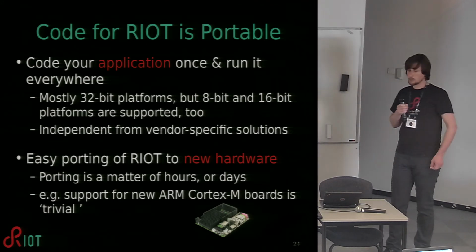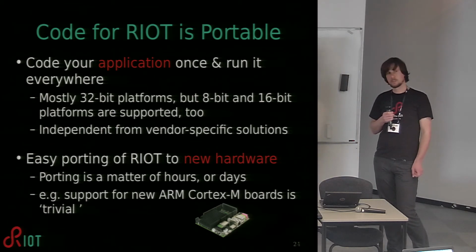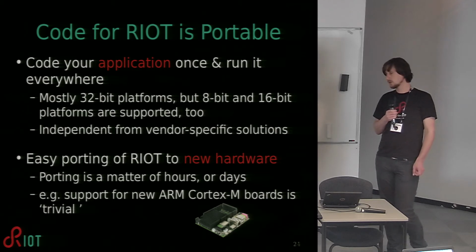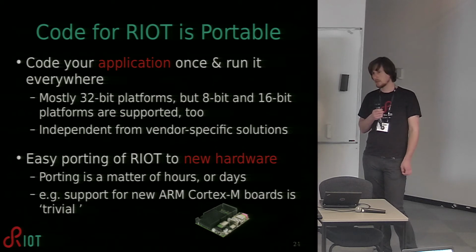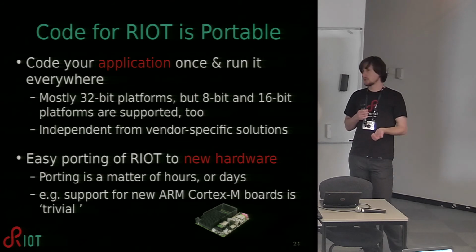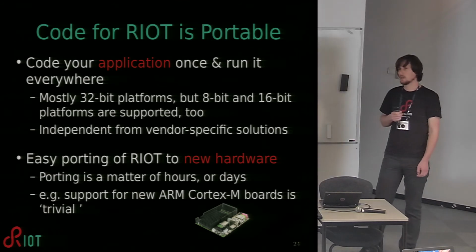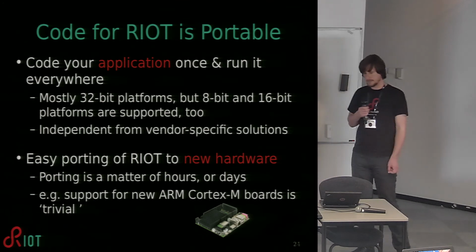Currently there are mostly ARM Cortex-M platforms, ranging from M0 to M4, which are all these nice energy efficient devices that are not capable of running Linux, but still are powerful enough to do pretty amazing stuff. And the good thing about ARM Cortex-M is that once you have ported to this architecture, depending on the vendor, it's sometimes only a matter of hours to port RIOT to a new device.